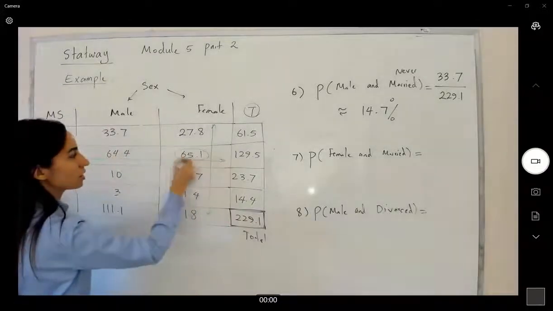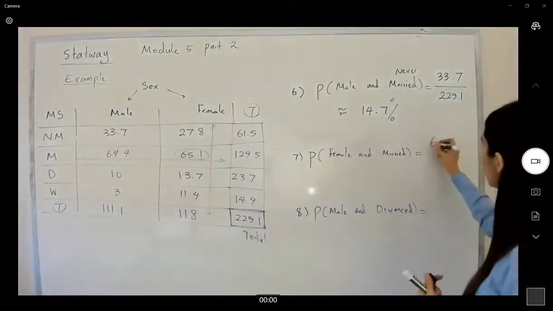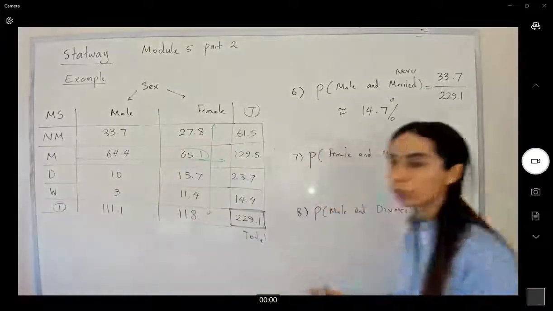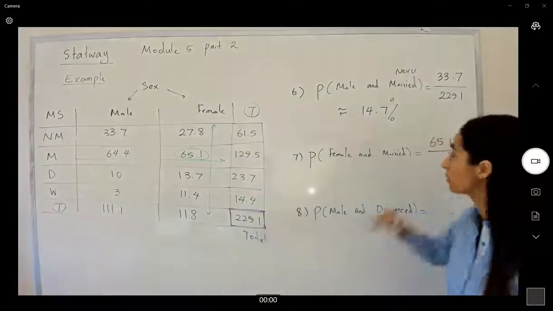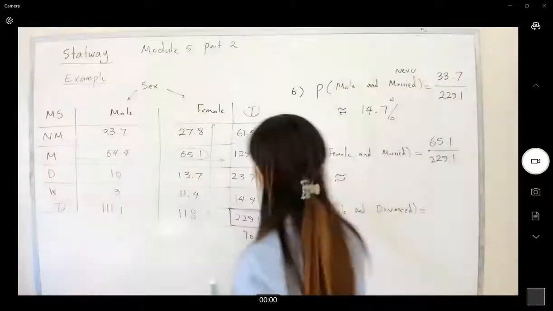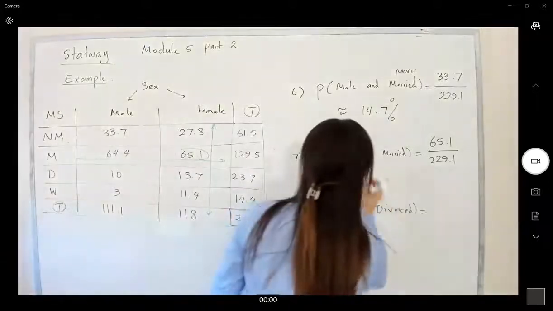The intersection is 65.1. So 65.1 goes on the numerator, out of 229.1. Let's do the calculation. It gives us 28.4%.